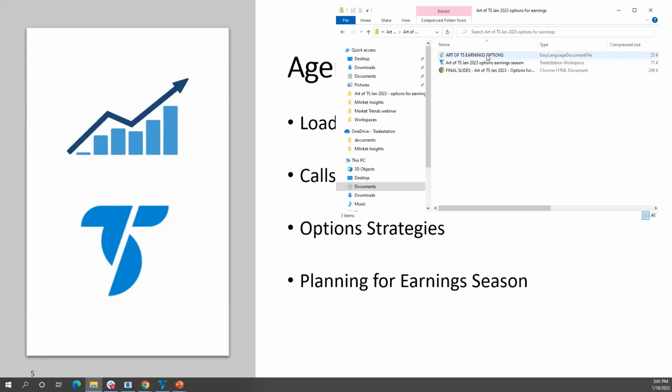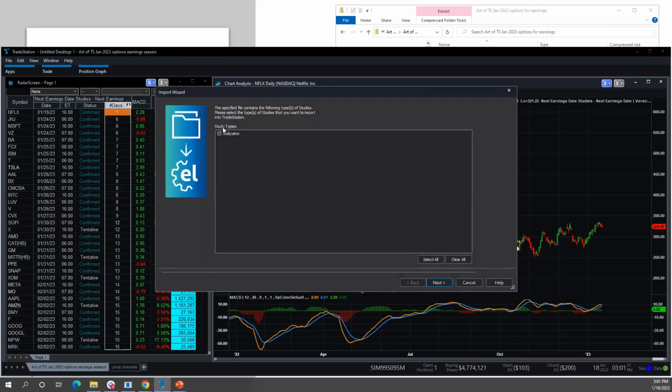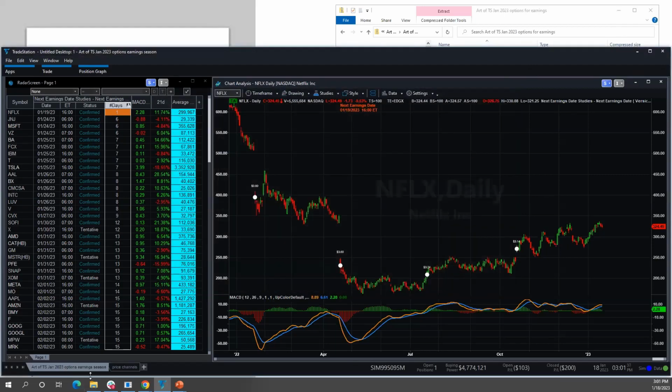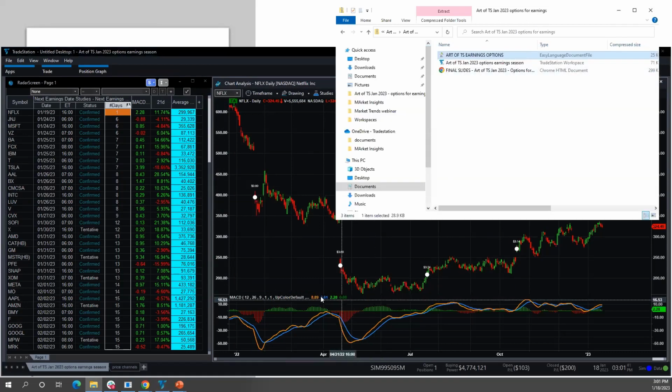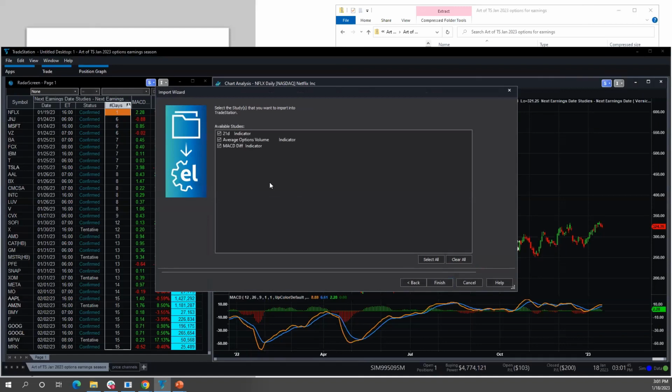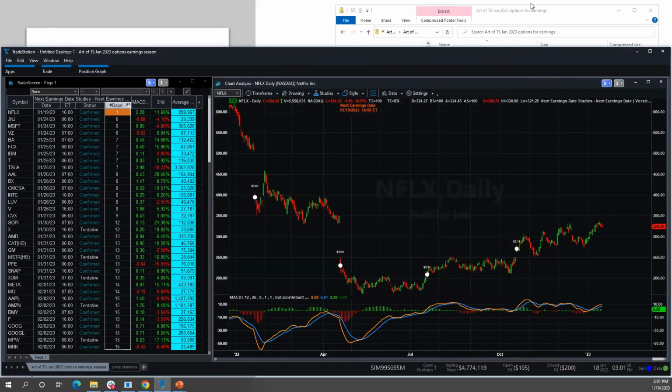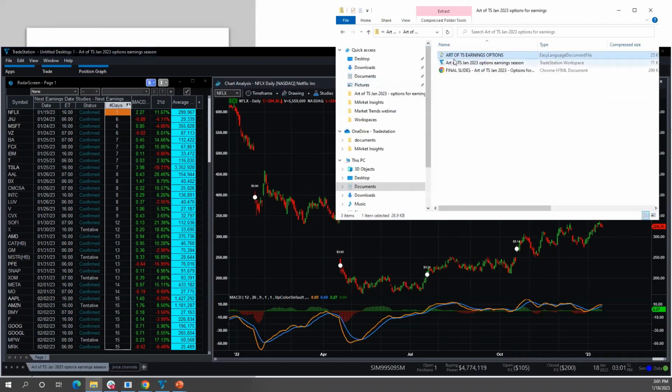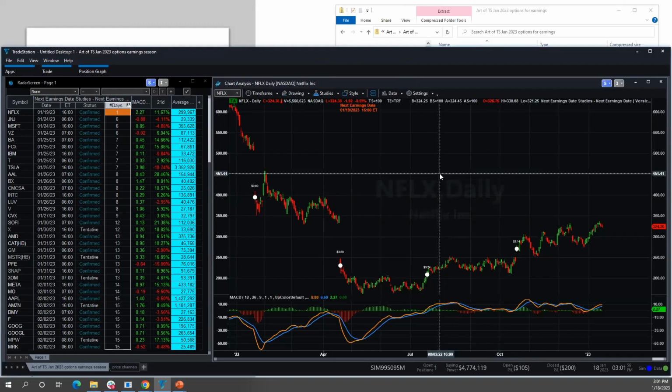You want to load the ELD first, and it's going to bring up a dialog like this, and it will bring in a series of indicators that will then work with this workspace. You would basically double click it like this. You would say next. It lists these. I'm not going to do that because I already have them, so I'm just going to cancel it. And this is what you'll see. And then when you have that done, you can double click on this workspace, and this is what you're going to see.